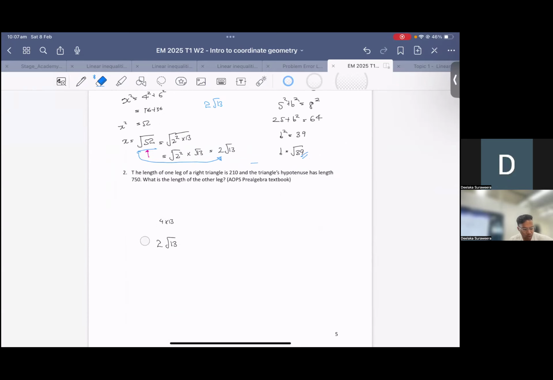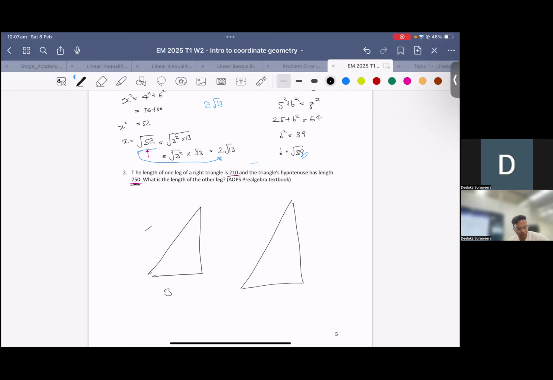And then question 2, I'll quickly tell you the approach. If you try to calculate 210 squared and 750 squared, unfortunately, that's probably a bit too much. The key to notice is the ratios. You know how I showed you a 3, 4, 5 triangle before?